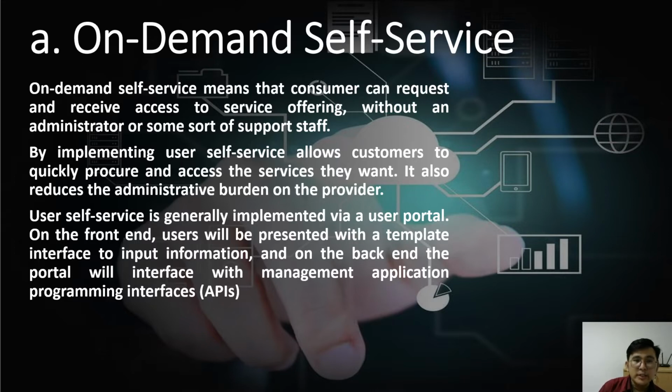This on-demand self-service also implements what we call user self-service, which allows the customer to quickly procure and access the service whenever they want, wherever they want. This should be a key component when we are trying to figure out whether it is a cloud service or not.